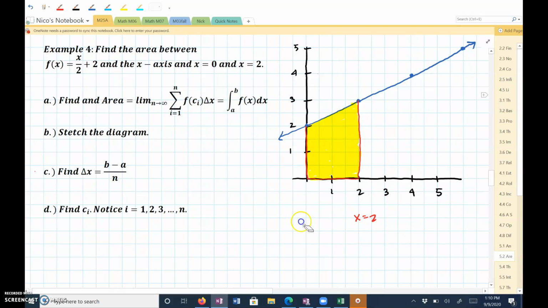All right, so we've got to find the area. We've sketched the diagram. Next, we've got to find delta x. So again, if we did some rectangles here, and if we did lower sums, it would look like this.